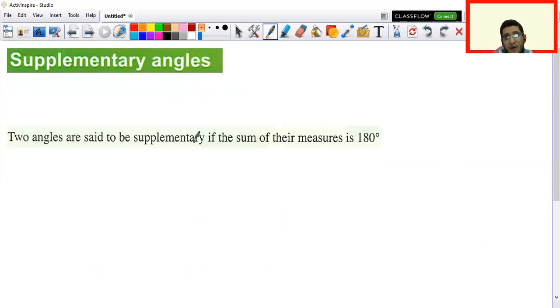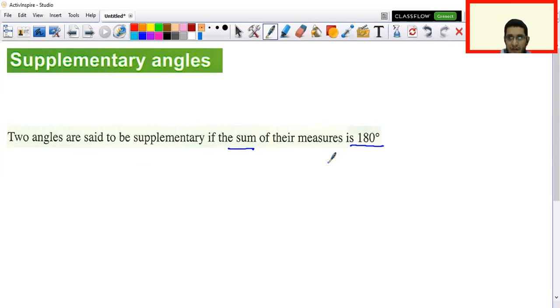The third concept is supplementary angles. What's the meaning of supplementary angles? Two angles are said to be supplementary if the sum of their measures is 180 degrees.